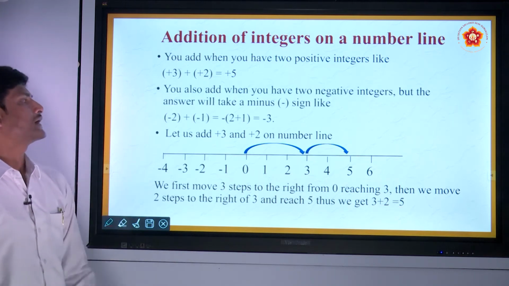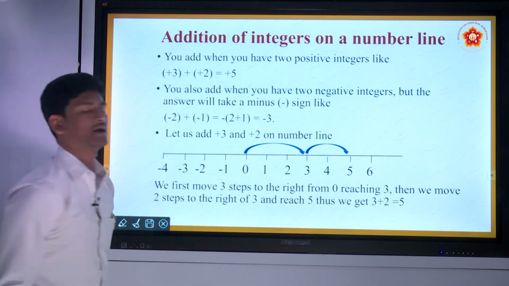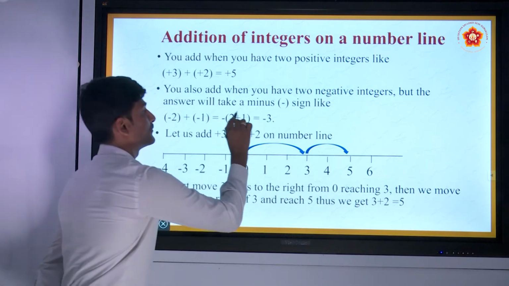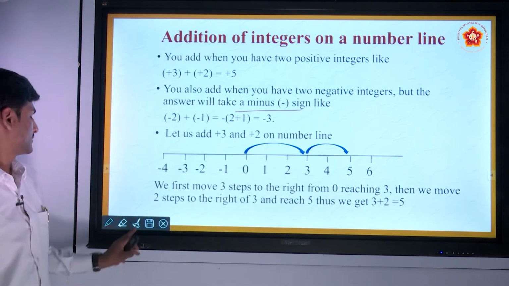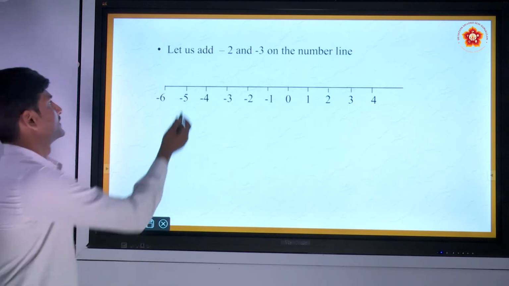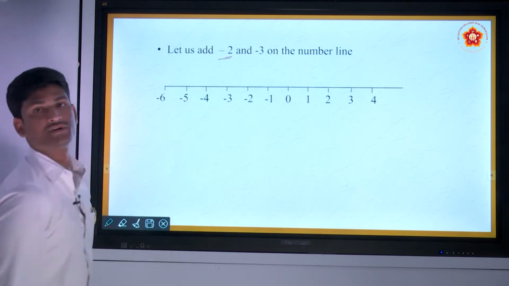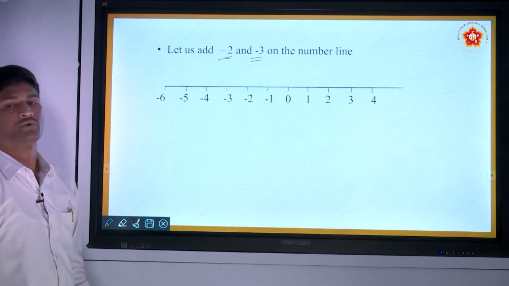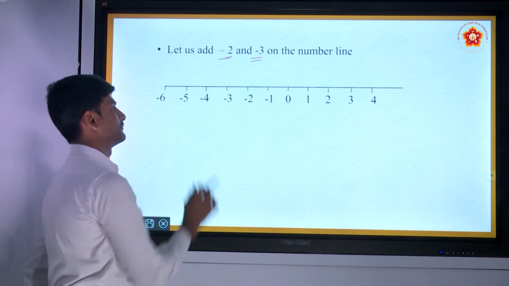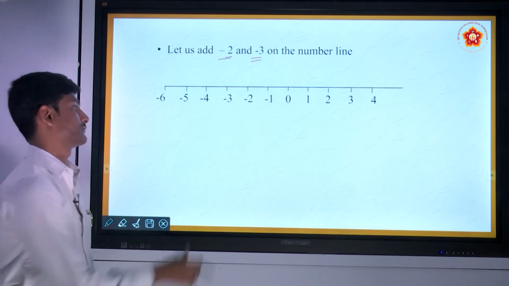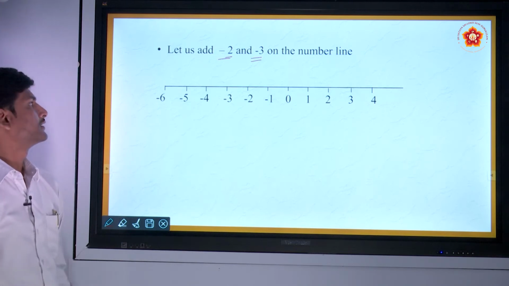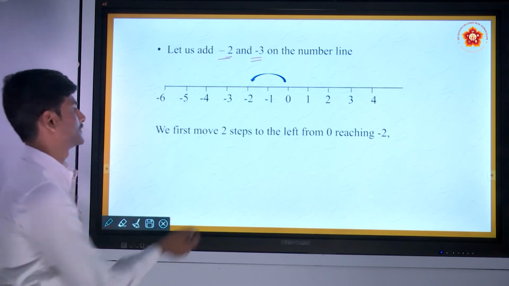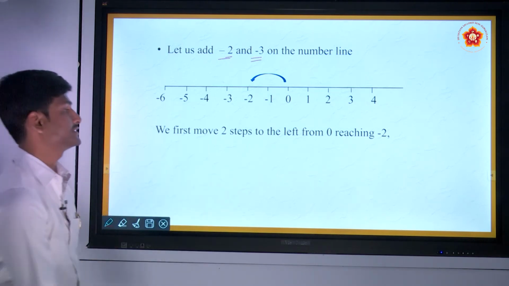Then you also had, when I take 2 negative integers, the answer will take a minus sign, right? Here, let us add 2 negative integers, minus 2 and minus 3, on a number line. First, we draw a line and mark integers on the number line with the same distance, right? First, move 2 steps to the left from 0, reaching minus 2.